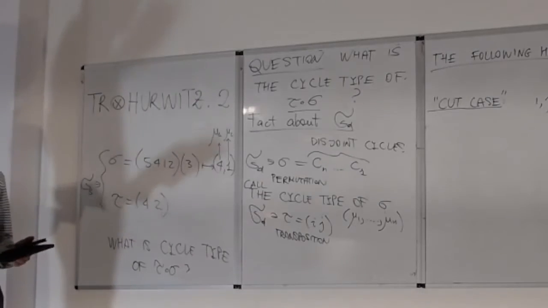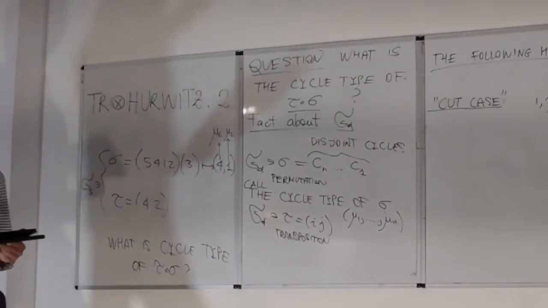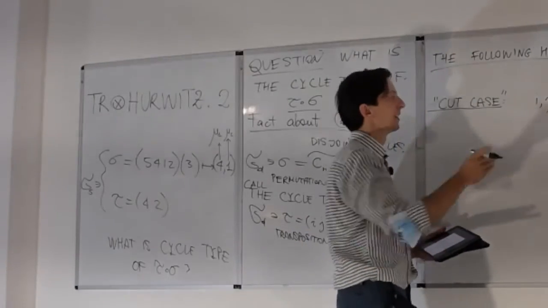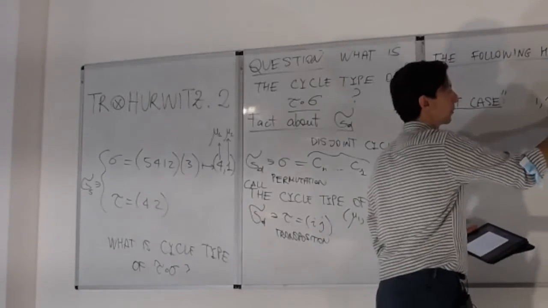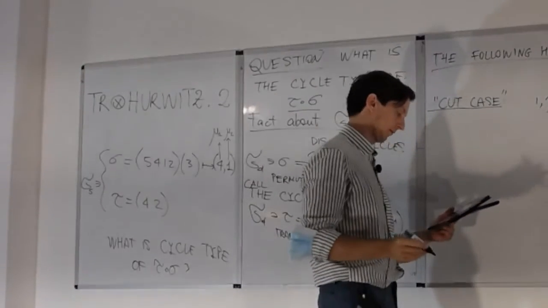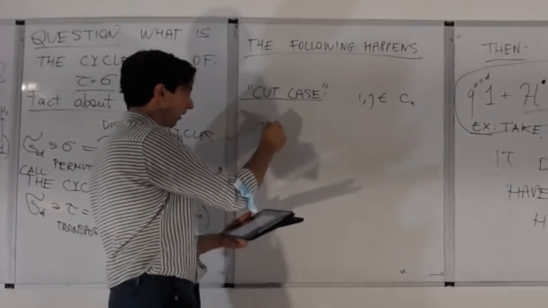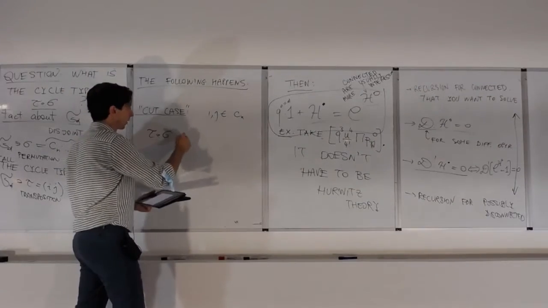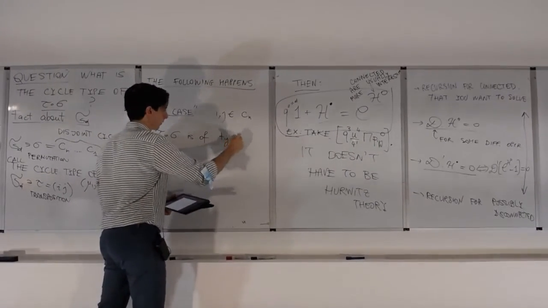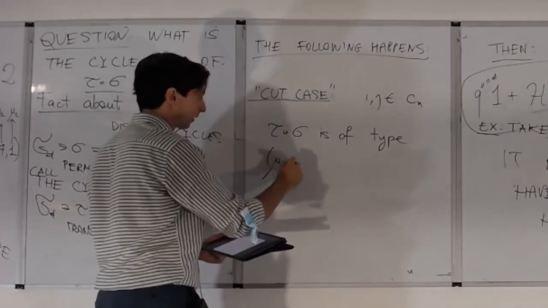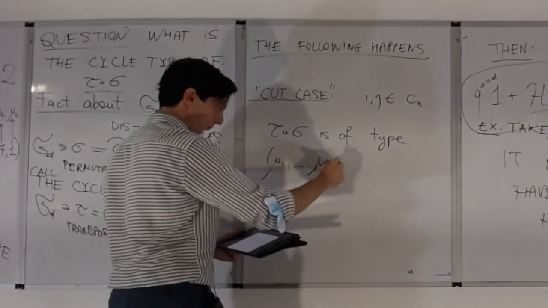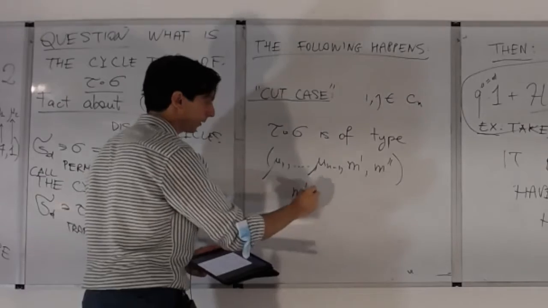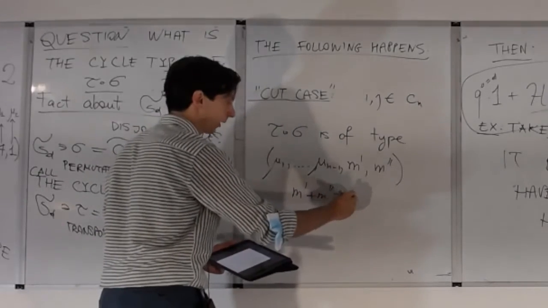Okay, so we have two cases, as Luca was suggesting. Either i and j belong to the same cycle C_n, and then tau with sigma is of type mu_1, up to mu_{n-1}, and then you have an m' and an m'' with the condition that m' plus m'' is equal to mu_n.